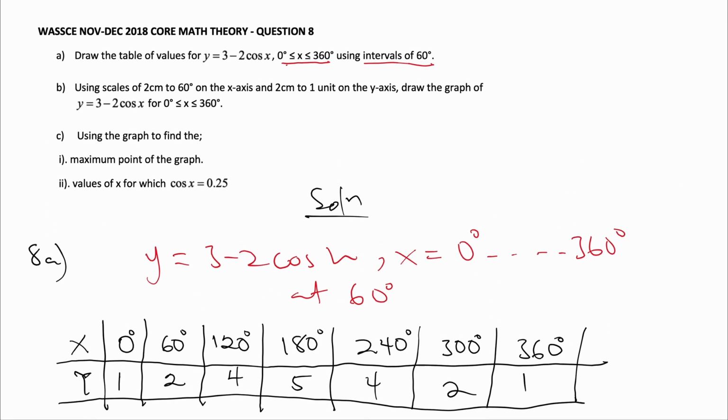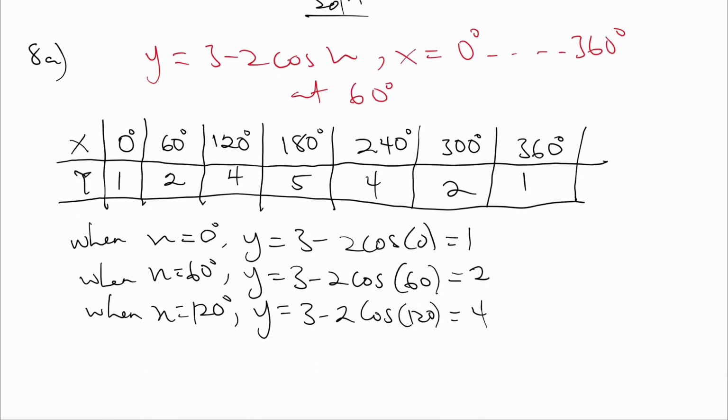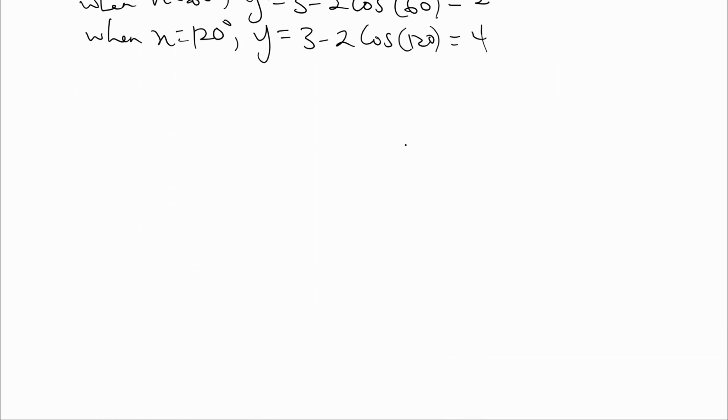Now 8b says using a scale of 2 centimeters to 60 degrees on the x-axis and 2 centimeters to 1 unit on the y-axis, draw the graph of y is equal to 3 minus 2 cos x. So B. Now we don't have negative values of x and y, so we can ignore the negative axis for both.